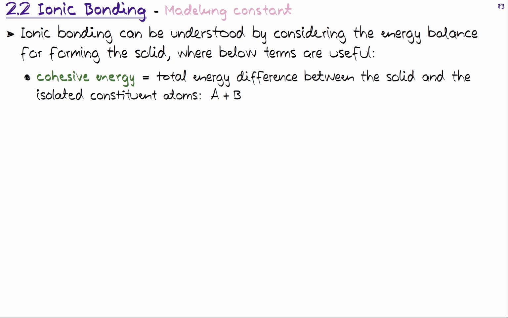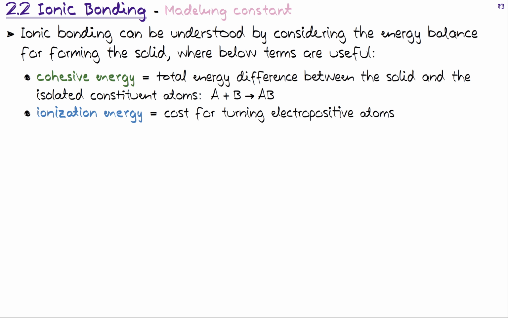So in essence, chemically put, we want to describe a process where we have two atoms, A and B, and when we put them together into a substance AB, the energy we need for this process to take place is called cohesive energy. Ionization energy is another energy, and that's the cost for turning electropositive atoms into ions.